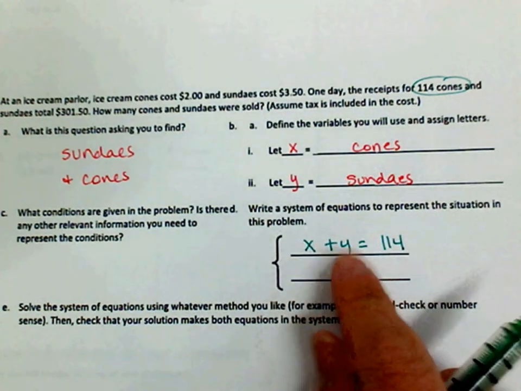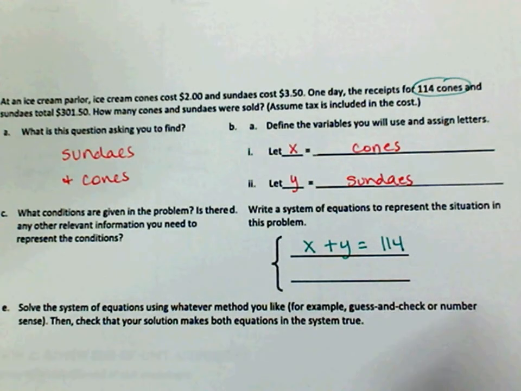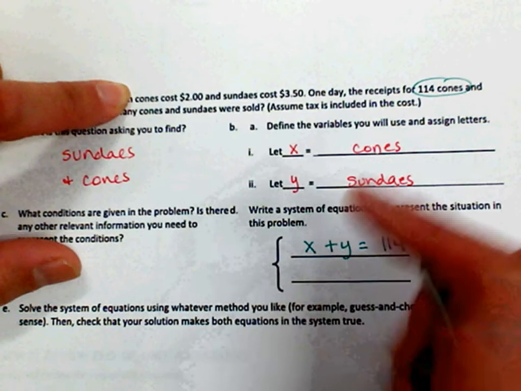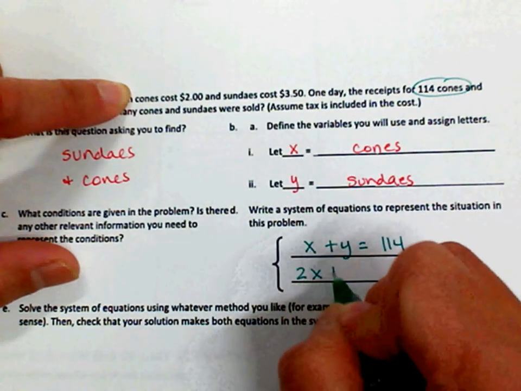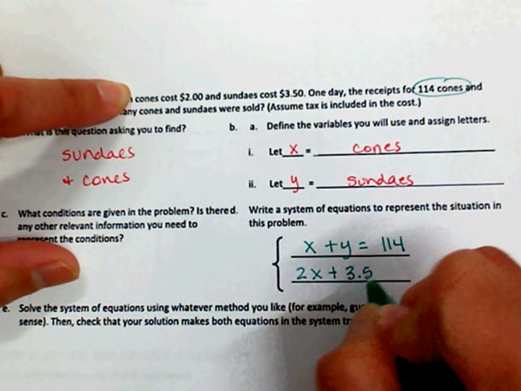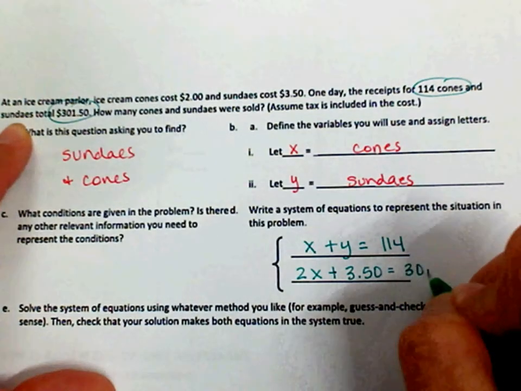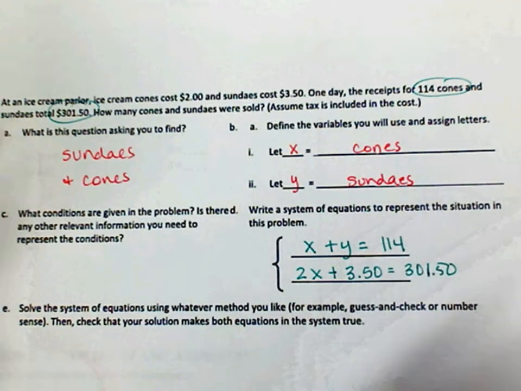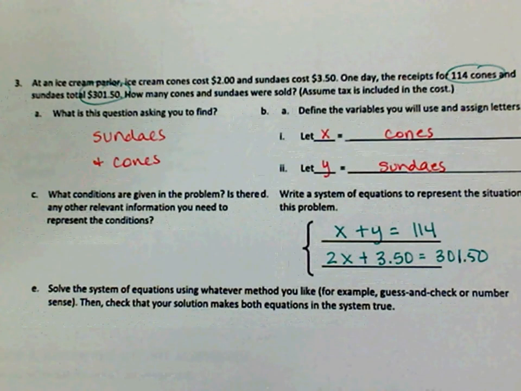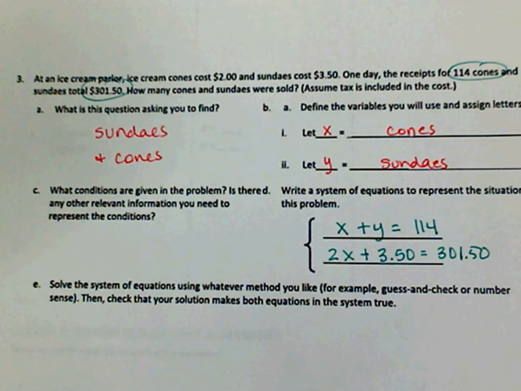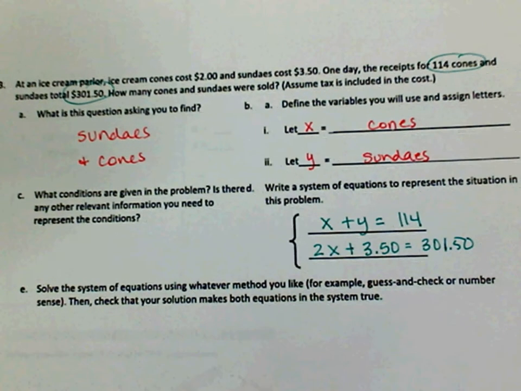How much is a cone? X is cones. It's $2. How much is a sundae? $3.50, and all of that costs you how much? $301.50. Okay? I'm going to let you guys figure that out. Rewind the video to number 1 if you can, and use your calculator if you wish. Okay? All right, that should work.